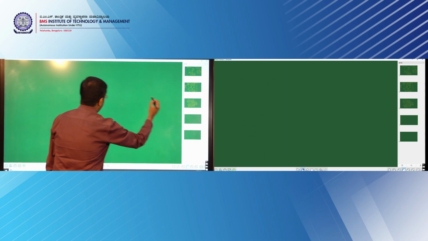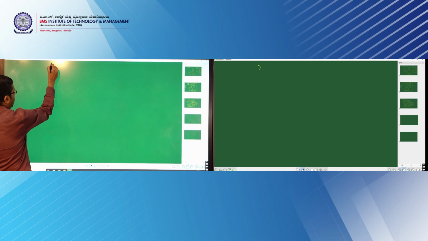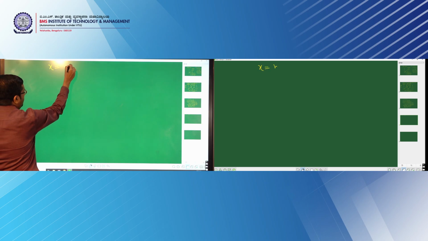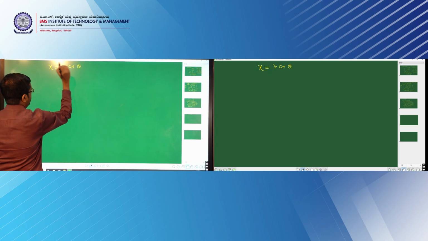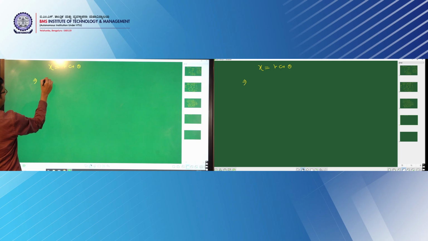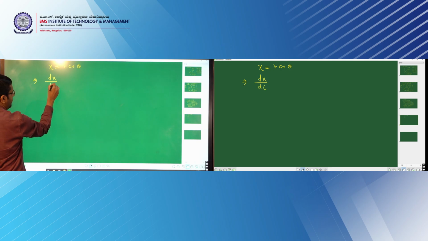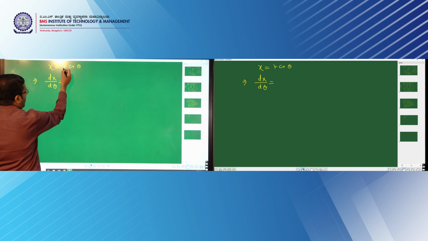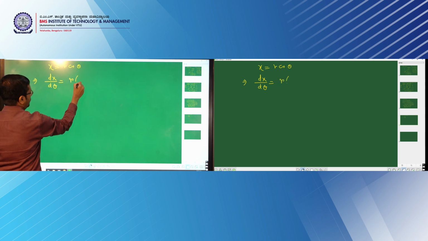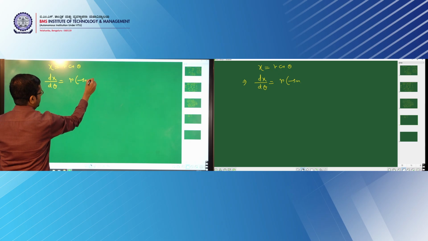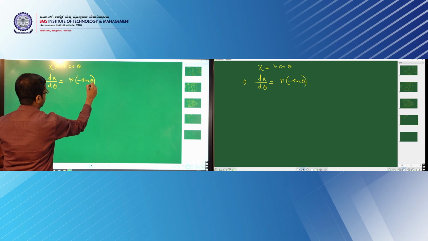Here I am showing the differentiation of x equals r cos theta. If I differentiate with respect to theta, the left hand side gives dx by d theta. On the right hand side, r cos theta gives r into minus sin theta, since the derivative of cos theta is minus sin theta.